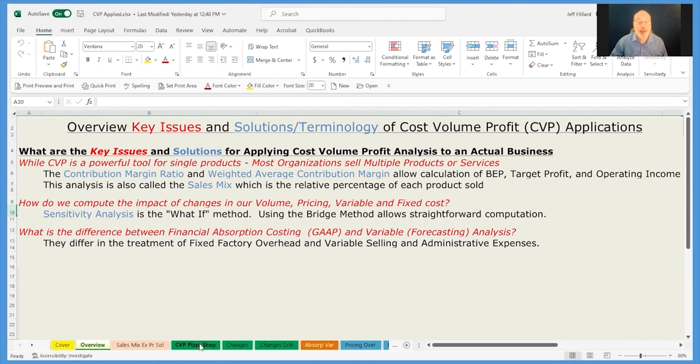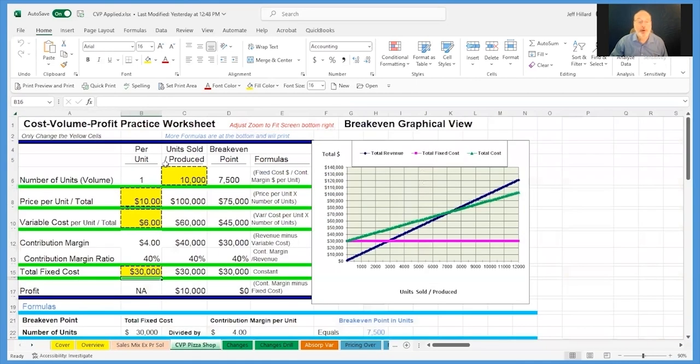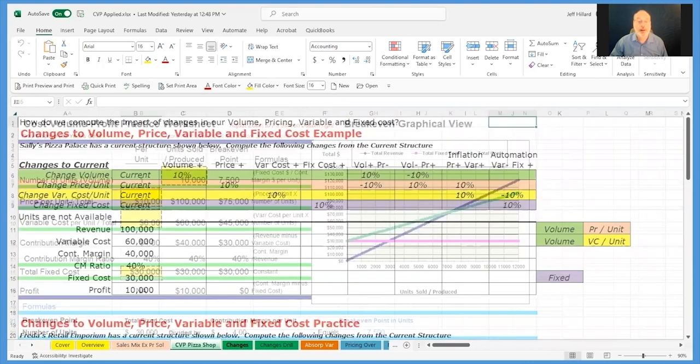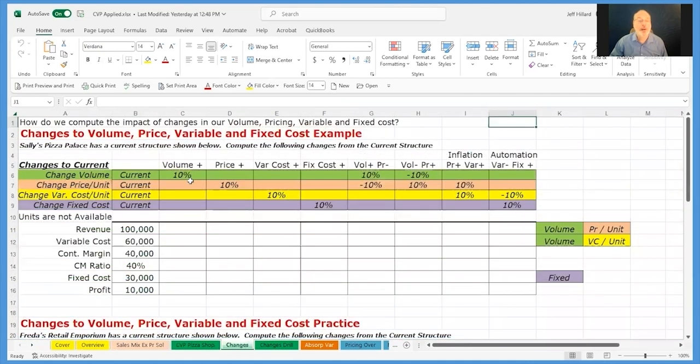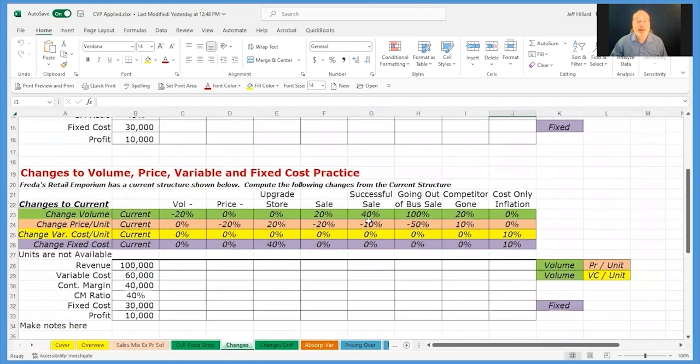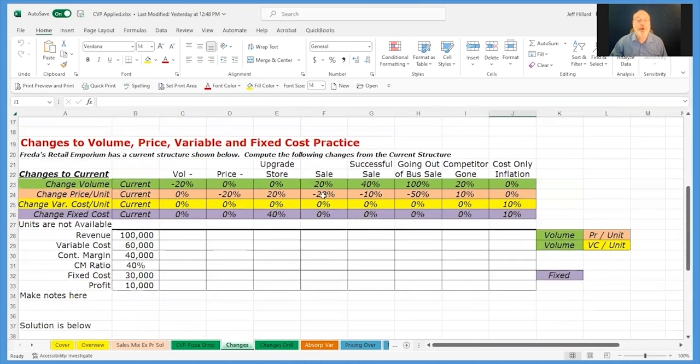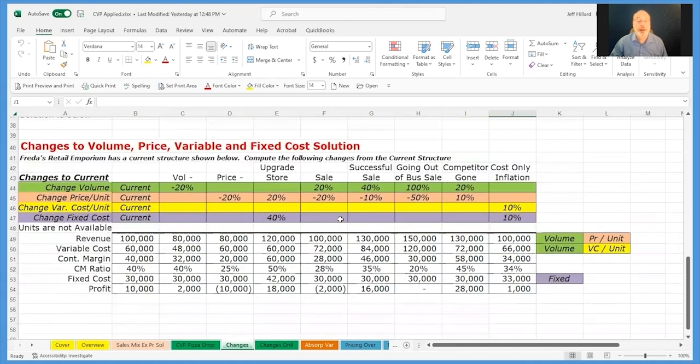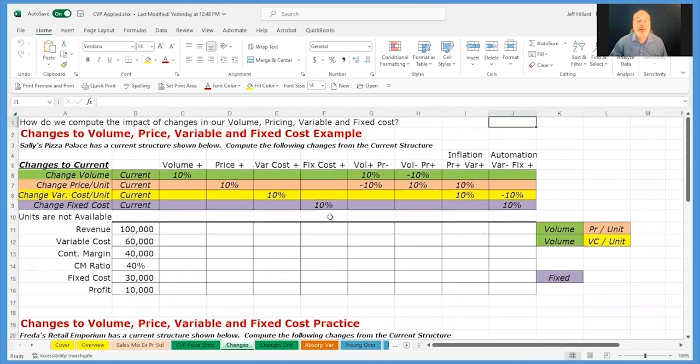So we can handle sensitivity analysis with this by returning to our one method and one graph, and then working specific examples of how each of these variables change, including multiple ones. And then again, there's a practice for you with different numbers and the solution below.